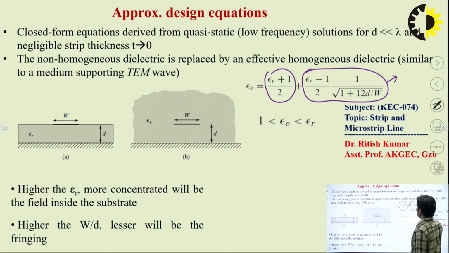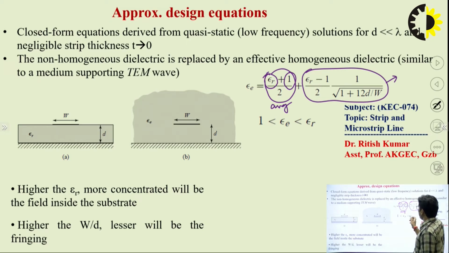So we can consider epsilon effective as the average of the relative permittivity of the substrate and air. Now this value is very low.